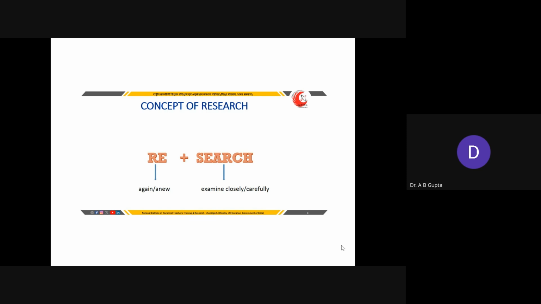And search means when you are examining something closely, carefully. So re plus search means you are examining something very carefully, and why are you doing it? So as to reach the reality, so as to reach the truth.